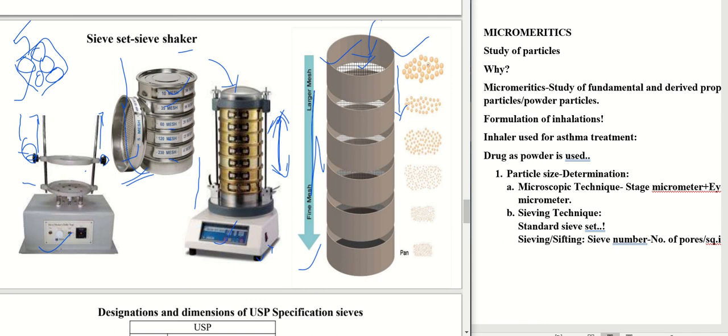The larger particle size will remain on the top mesh and the lesser particle size will be on the second mesh.